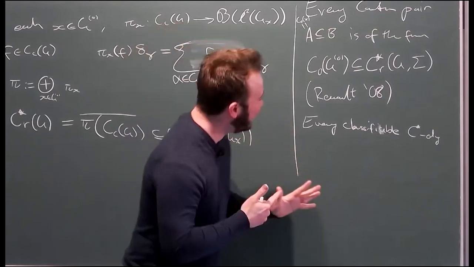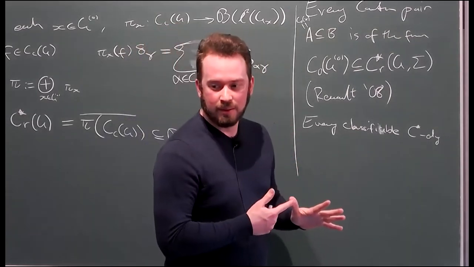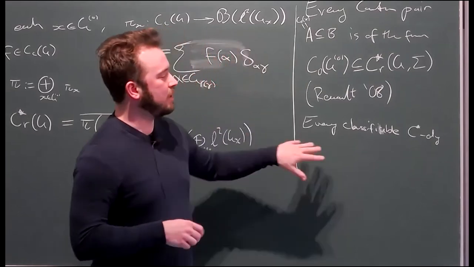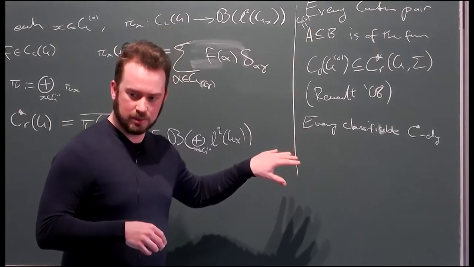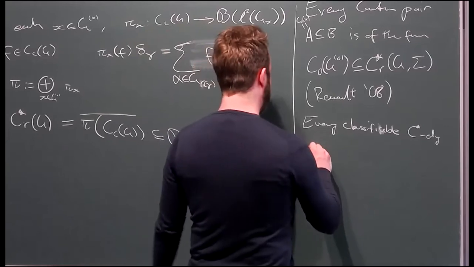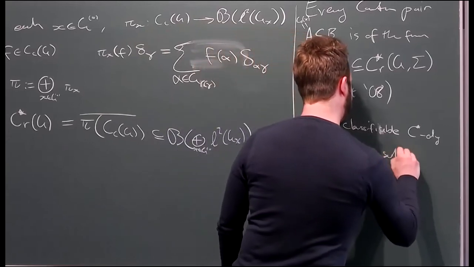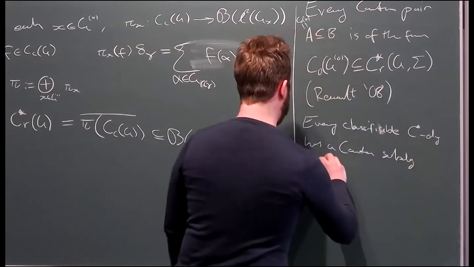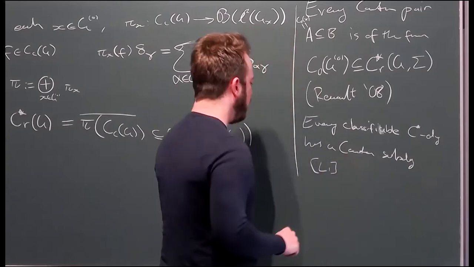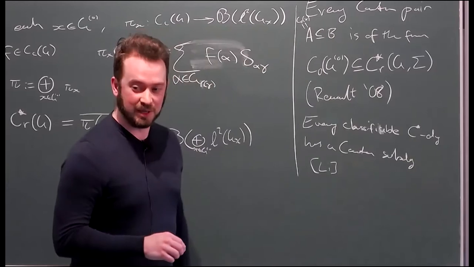Unital, yeah, very important, that one. Okay, well, the result I know looks at the unital case in particular. Every classifiable C star algebra has a Cartan subalgebra. This is a result of Li, I can't remember the year, but funnily enough, this paper is called Every Simple Classifiable C star Algebra Has a Cartan Subalgebra.